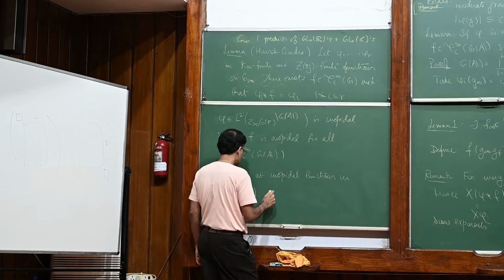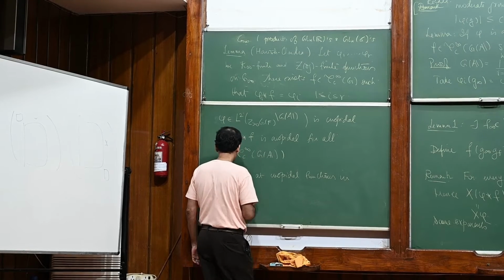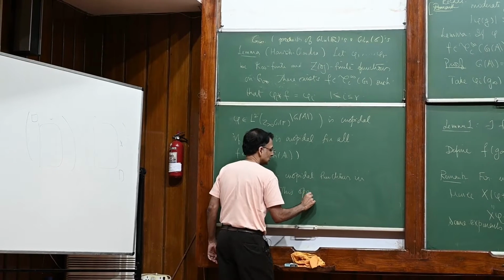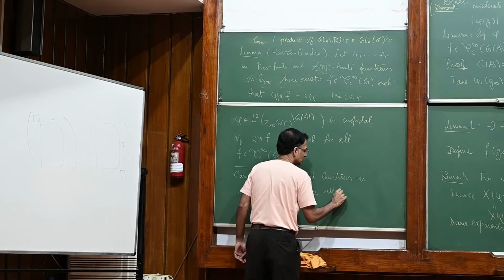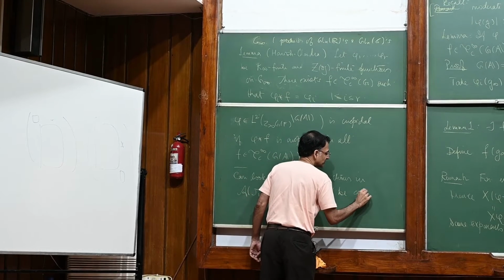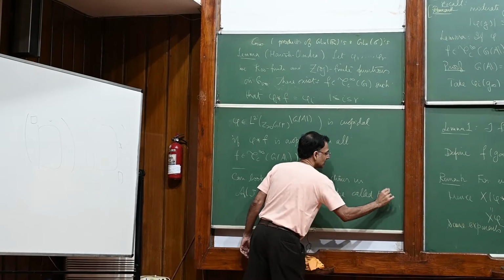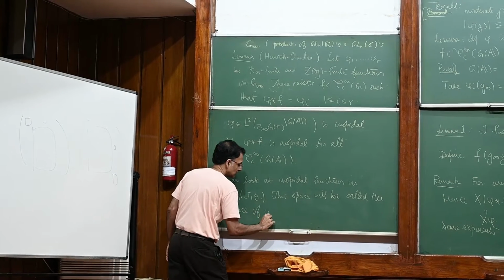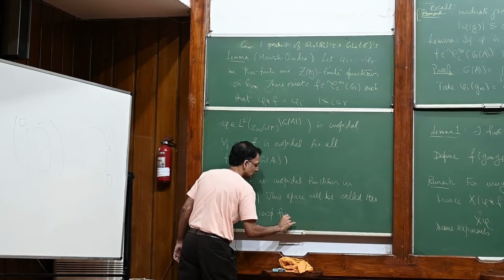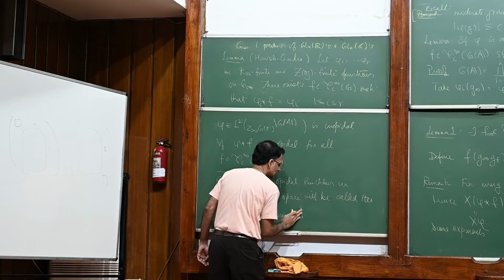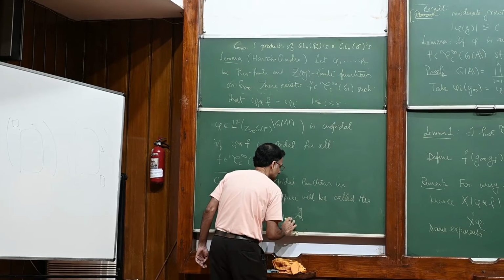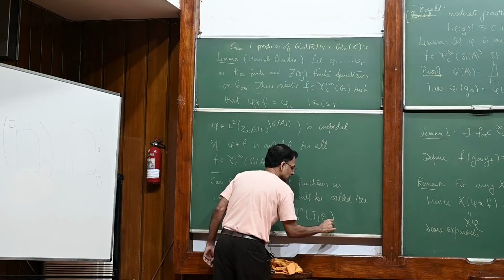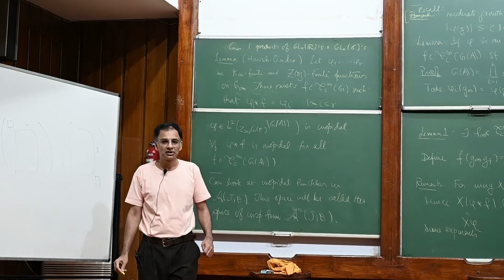And this space will be called the space of cusp forms. Let's say A naught. Okay.